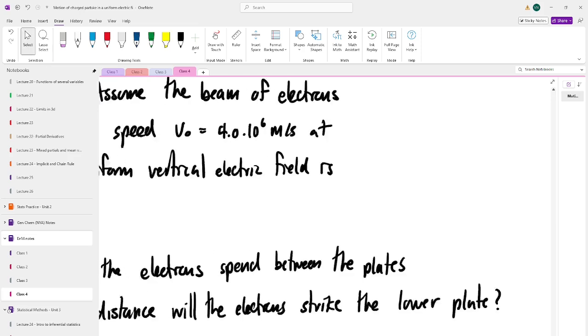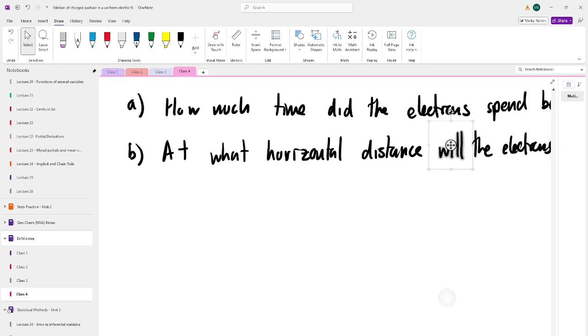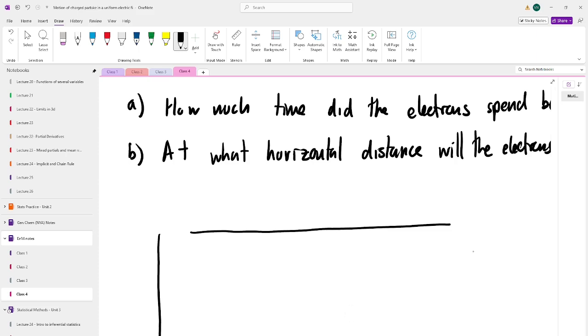And then we provide you with this pretty helpful illustration. So I guess plate 1, plate 2, and I know that the distance here is equal to B, and my electron starts here and has some initial speed v0 at an angle of theta.